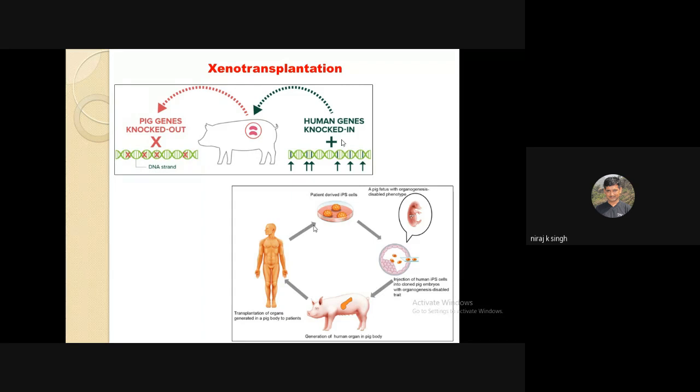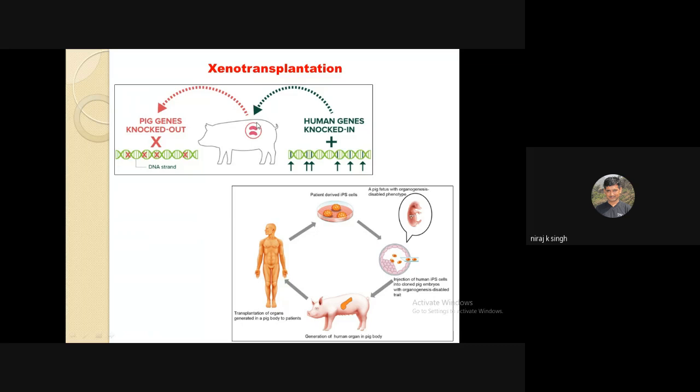The third approach is xenograft, meaning an organ of one species is transferred into another species, like human heart valve transplantation. The heart valve from the pig is transplanted into human beings. This pig is known as a humanized pig.